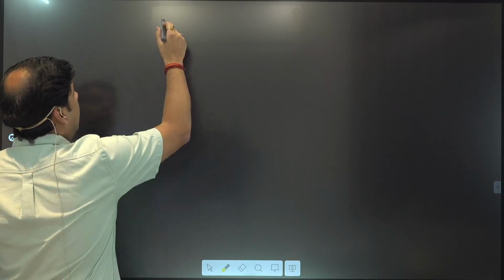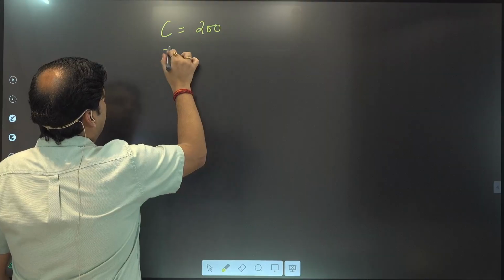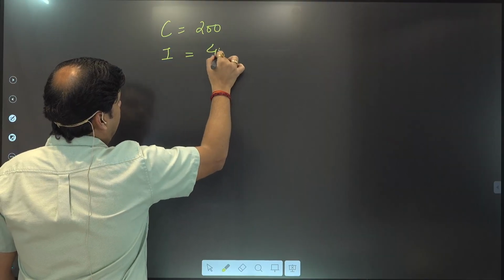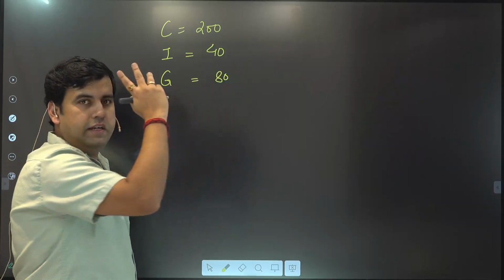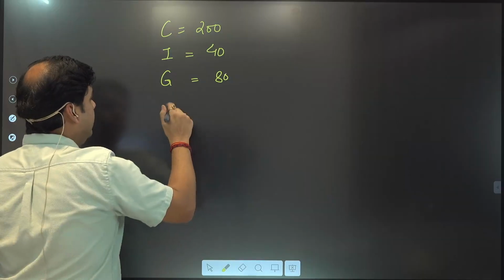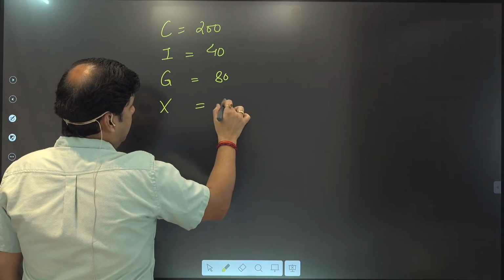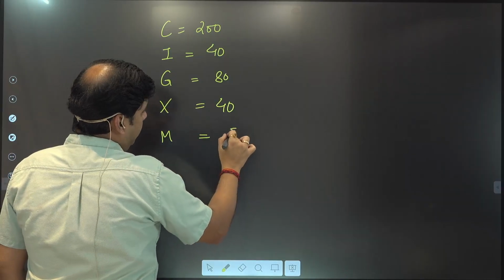C is 200, I is 40, government expenditure is 80. Let's say it's a COVID year, so government expenditure is more than investment. Exports is 40 and imports is 50.